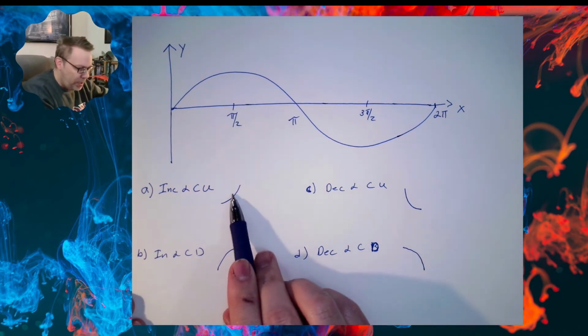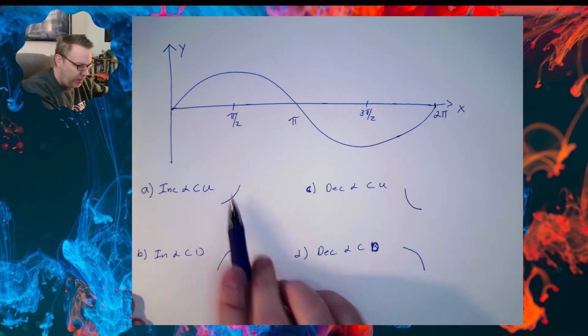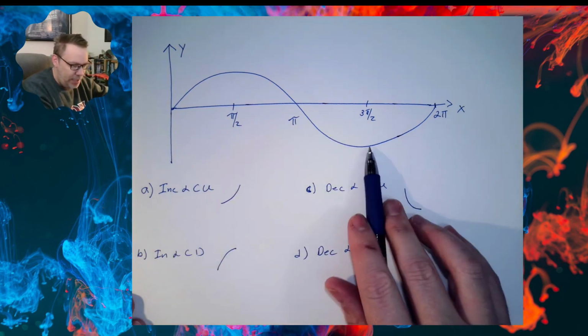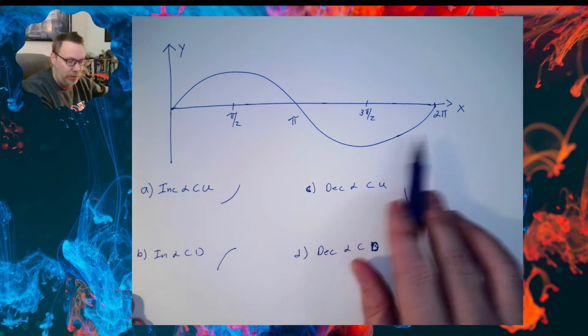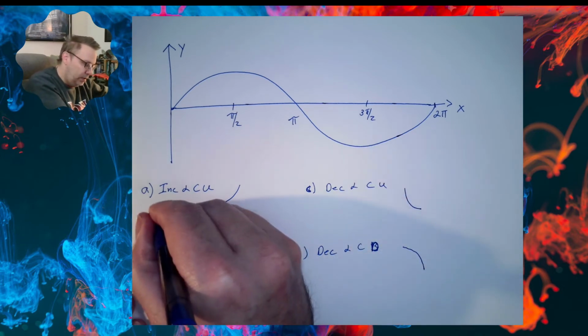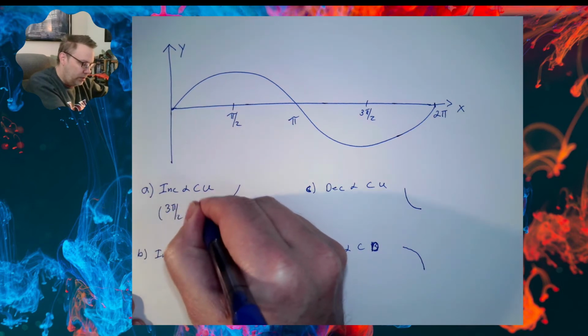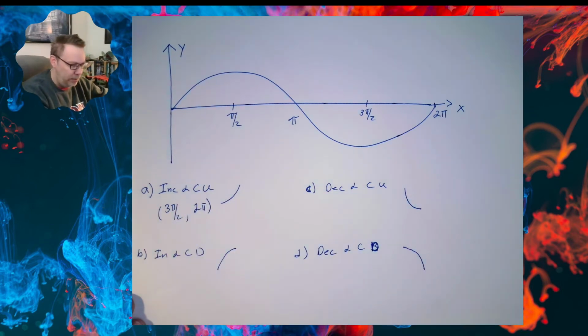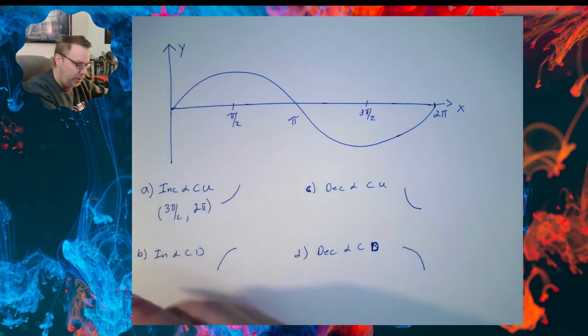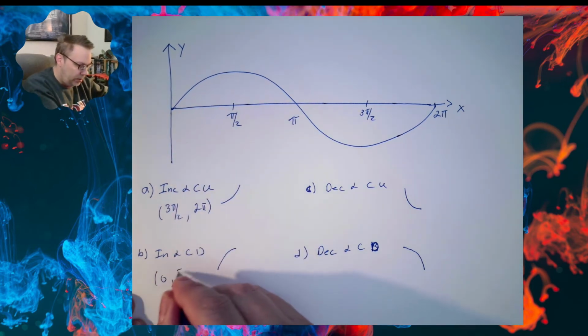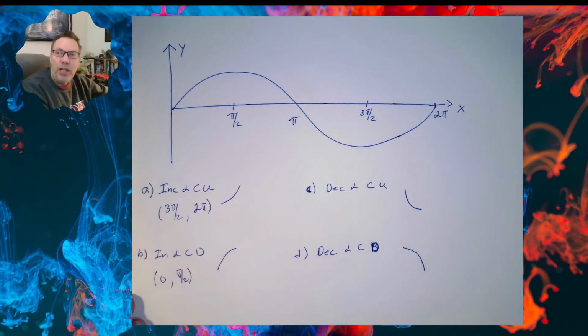So I'm looking for this particular type of graph in this picture. And I see that it goes from 3 pi over 2 to 2 pi. This piece, well, that looks like the first piece here, 0 to pi over 2.